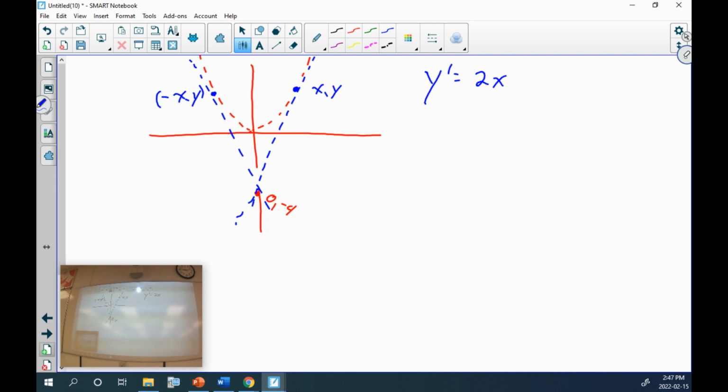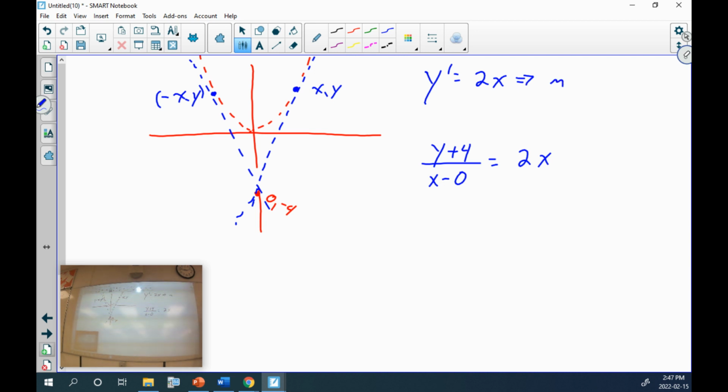So, now, what's the slope of this line? This is going to be y plus 4 over x minus 0, right? That point. And that's going to be equal to 2x, because this is giving us our slope.